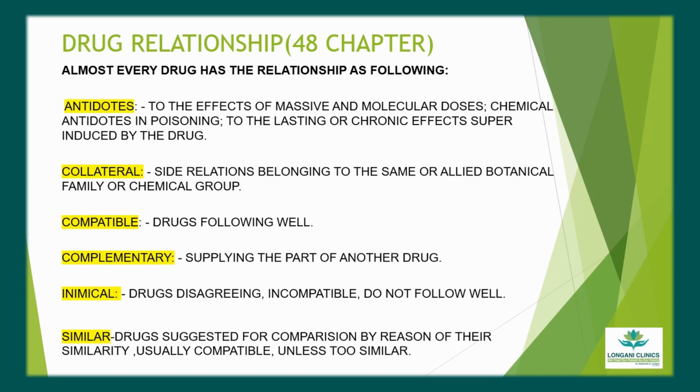Antidote: to the effect of massive and molecular doses. Chemical antidote in poisoning. To the lasting or chronic effects superinduced by the drug. Then collateral: side relations belonging to the same or allied botanical family or chemical group.